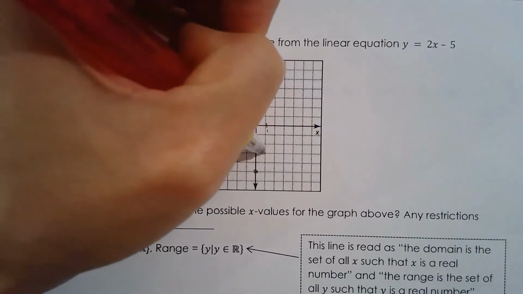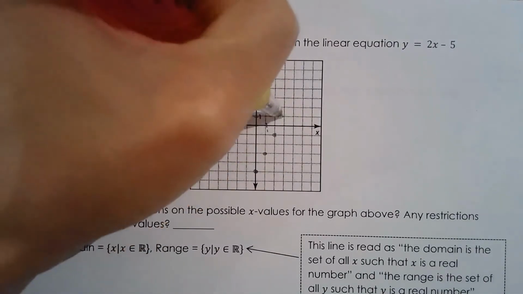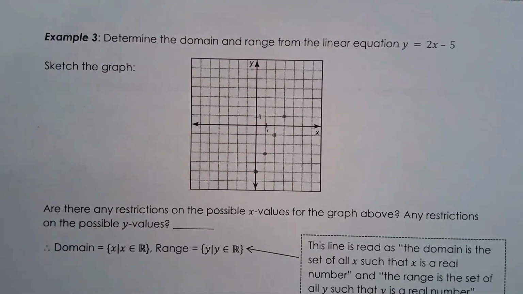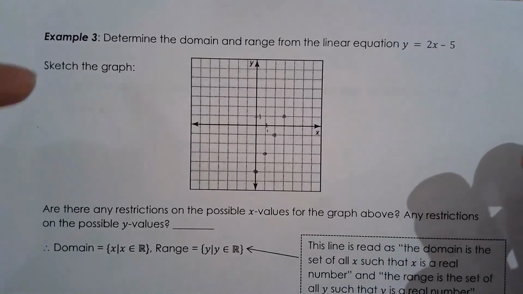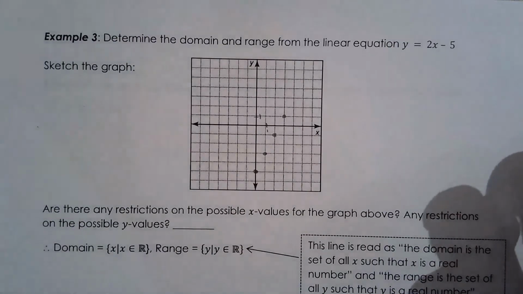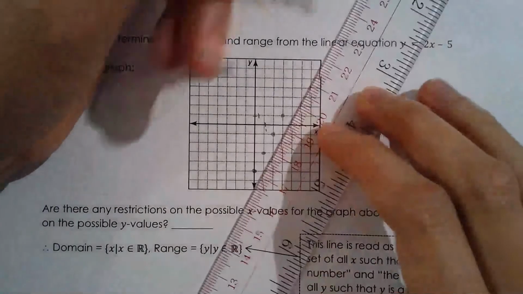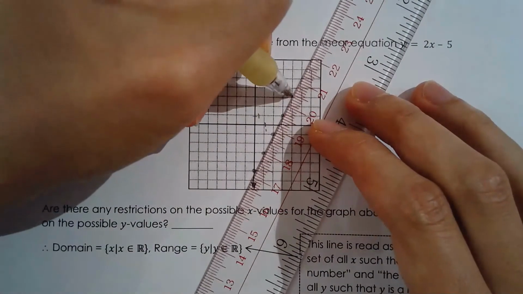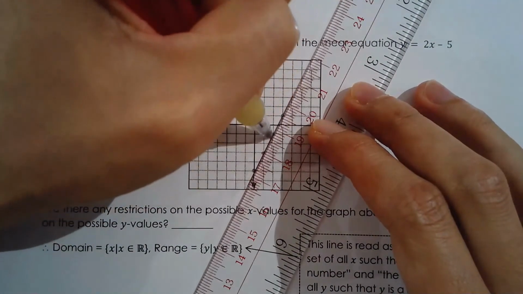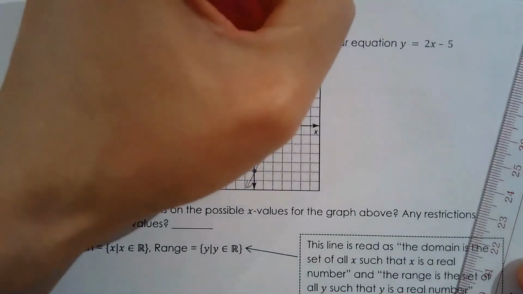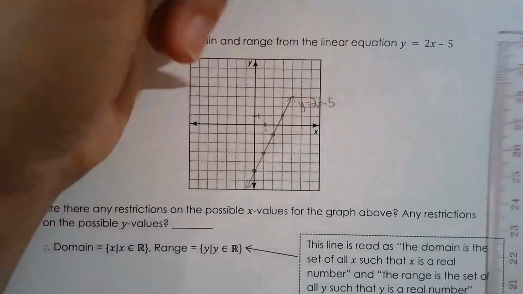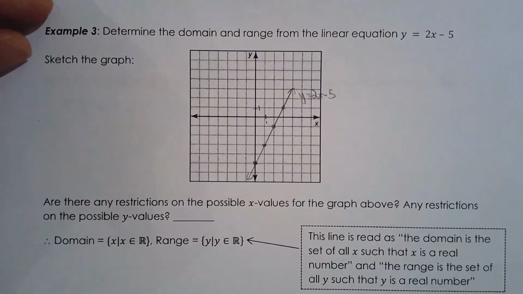The slope is 2, so it's a rise of 2 and a run of 1. All right, you can label it. There you go: y equals 2x minus 5.